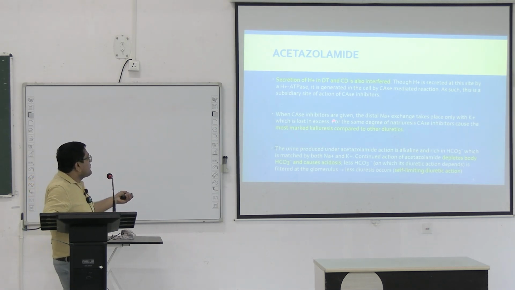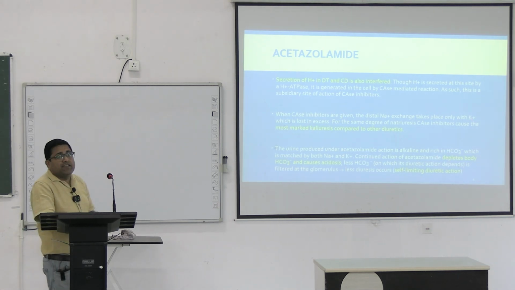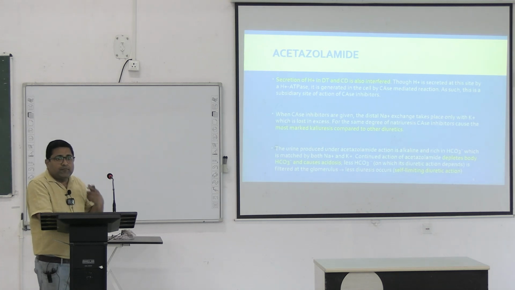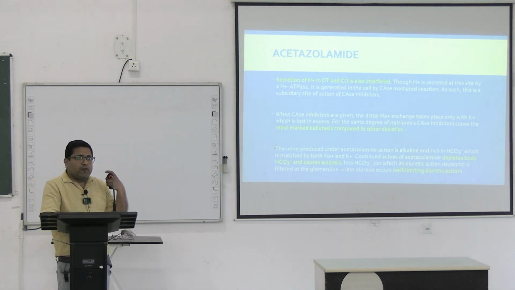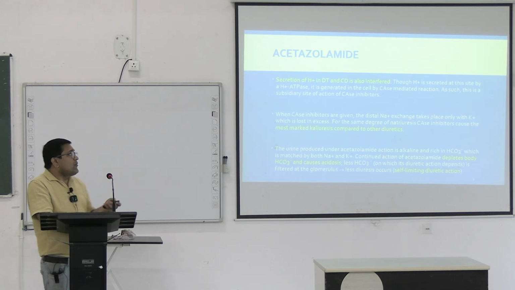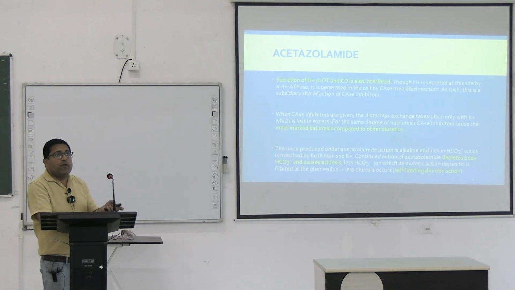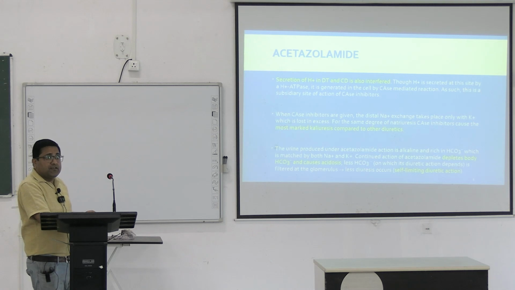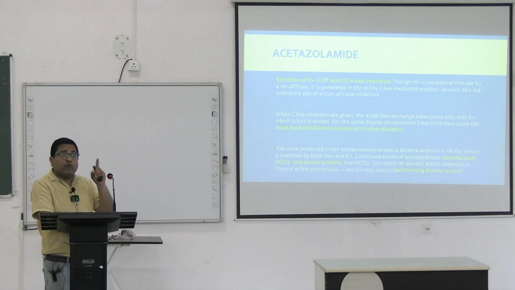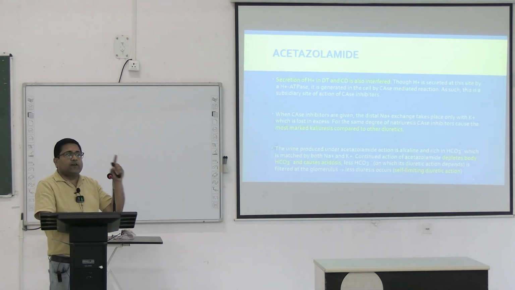When carbonic anhydrase inhibitors are given, the distal sodium exchange takes place only with potassium, which is lost in excess. As acetazolamide results in natriuresis, more and more sodium is available in the distal tubule, so there is more and more exchange with potassium ion. So what happens? Kaliuresis occurs, and this kaliuresis is more prominent than with other diuretics.